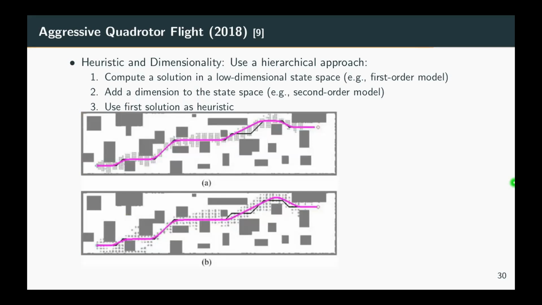So what they did was that they first compute a solution in a very low dimensional state space. They use this sort of first order model where you almost only reason geometrically. And then once you have that, you use it as a heuristic for your second order model, which adds some more dimensions.